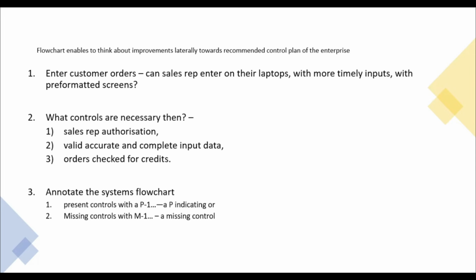So once we have examined the control goals and matched them with the control plan that we have, we can also ask additional questions to improve on controls. For example, in entering customer orders, we can ask the question, can the sales rep enter these customer orders on their laptop for more timely inputs with pre-formatted screens, online real-time data entry?